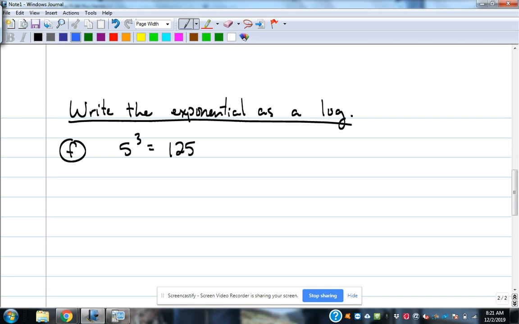So when you look at that, what part of that is the base? The 5. So when we do our log, what log base are we going to do? Log base 5. What part is the exponent? 3, and that's what it's equal to. So the 3 goes on the other side of the equals. So the 125 has to go here.